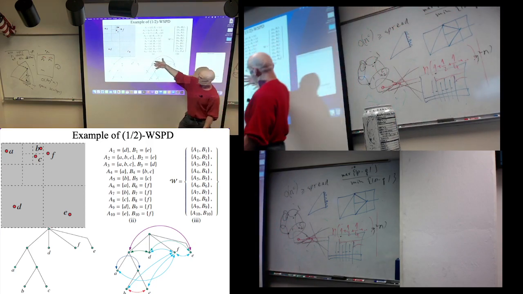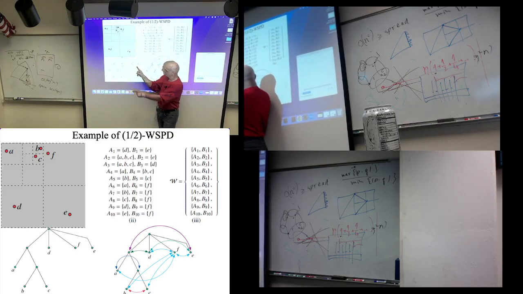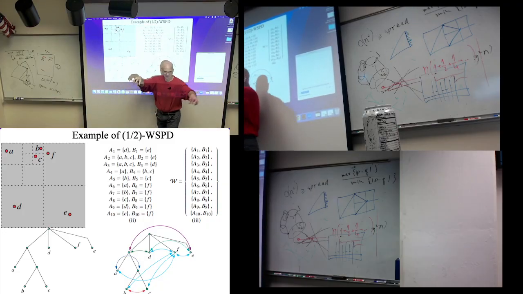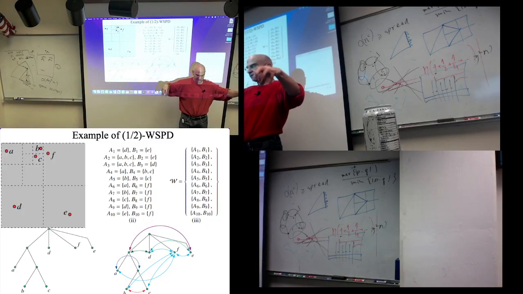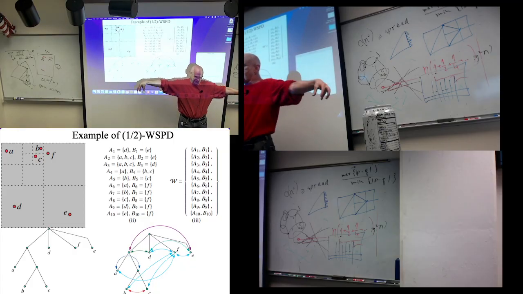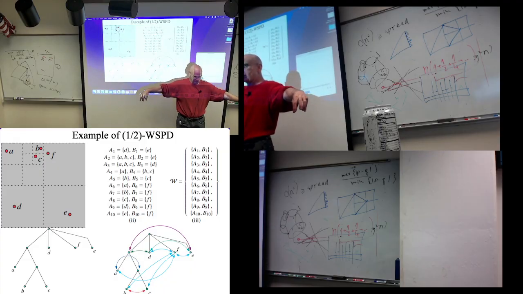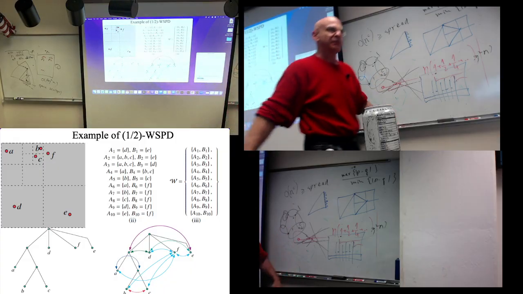I need to show you a quad tree, and in the quad tree, all I'll show you is a set of pairs of nodes, with the important property that for every pair that I tell you about, the regions of these nodes are small and they are far away from each other. They are small compared to the distance between themselves, and that would be a WSPD.